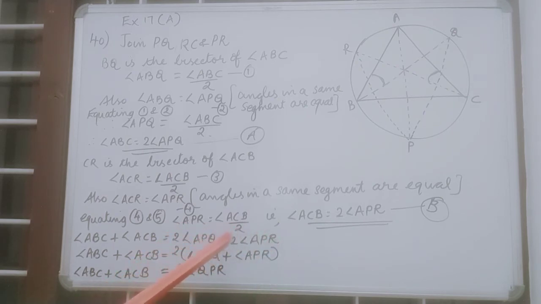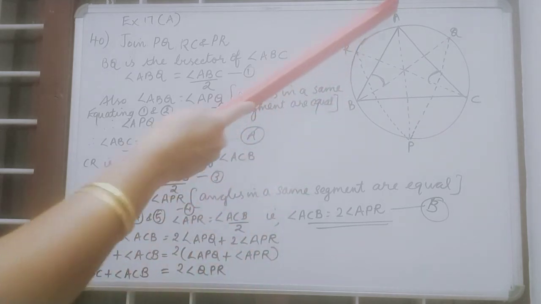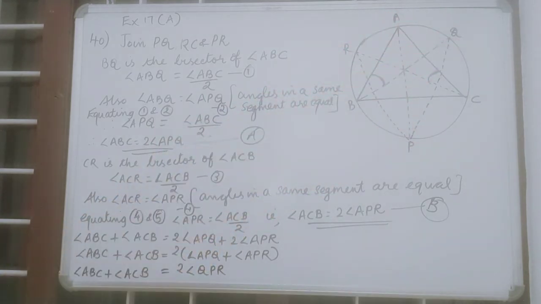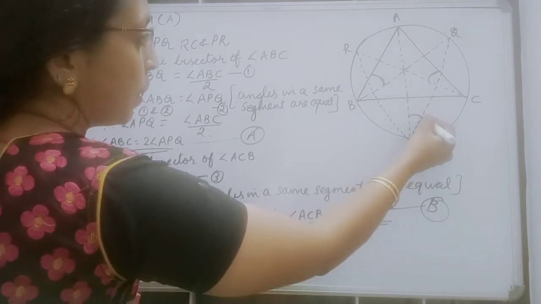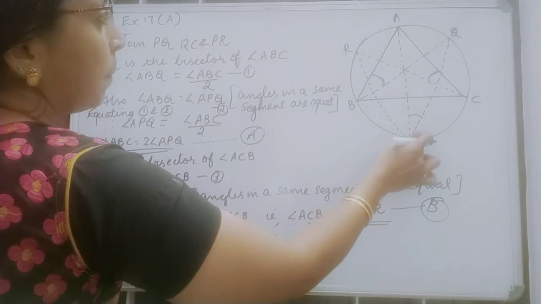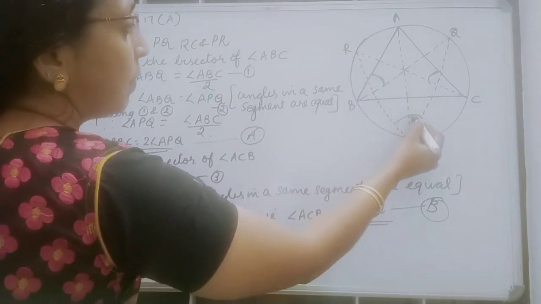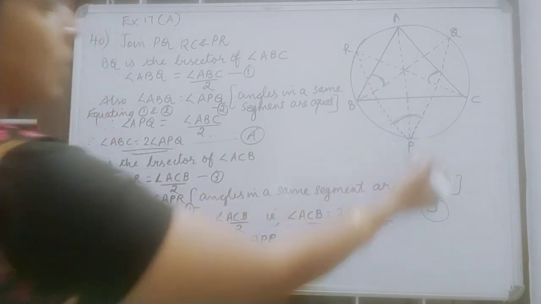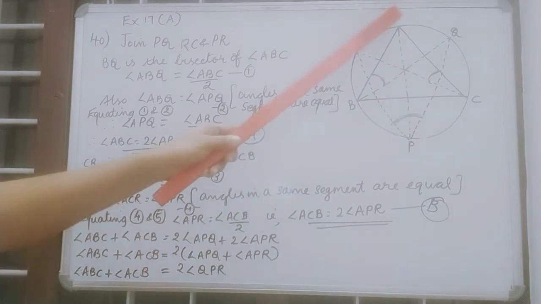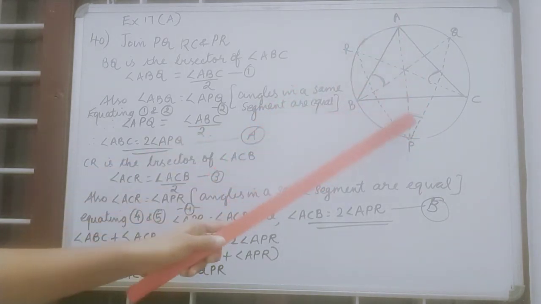2 is common there. So take 2 common outside: APQ plus APR. Look at APQ, this angle. APR is this angle. So APQ plus APR will be this total angle.